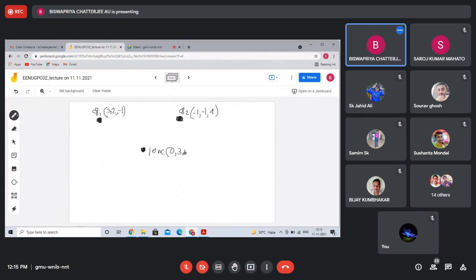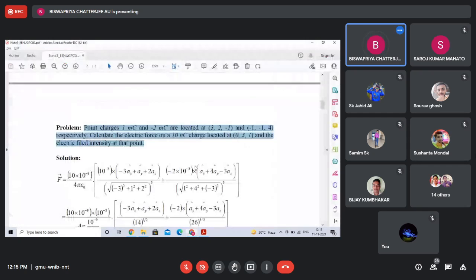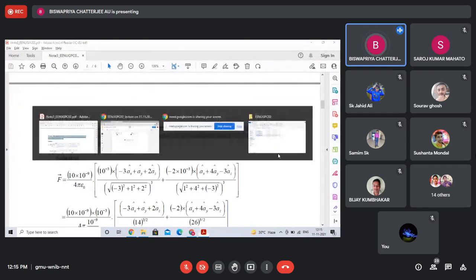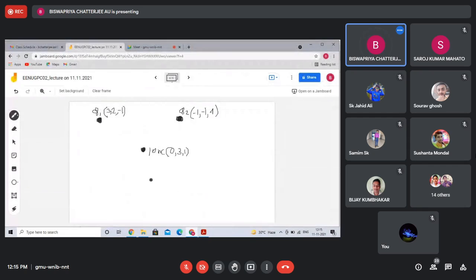And also the electric field intensity at that point. So you need to calculate the force and the electric field intensity, these 2 parameters, at this point due to charges Q1 and Q2. Let us say this is R1.